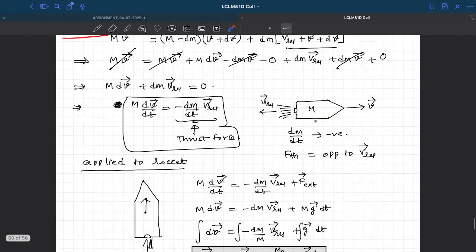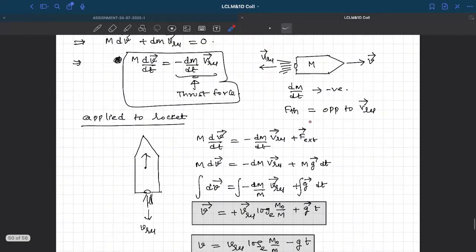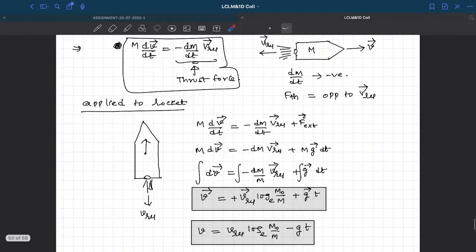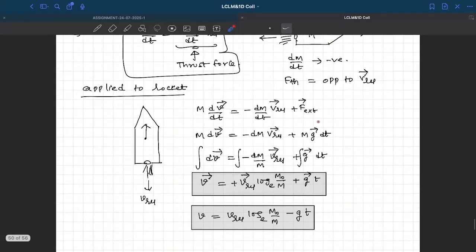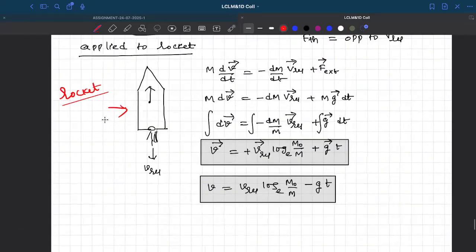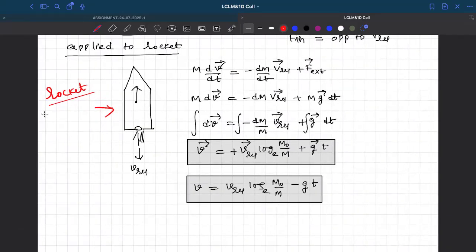Next. Now, how is this situation applied to a rocket? That's what we are interested in. If you are applying it for a rocket, here you have a rocket. In this rocket, the initial mass is m naught.